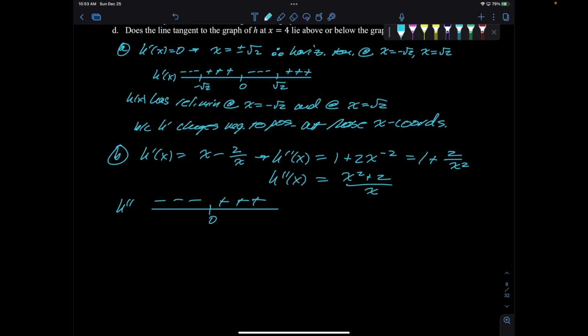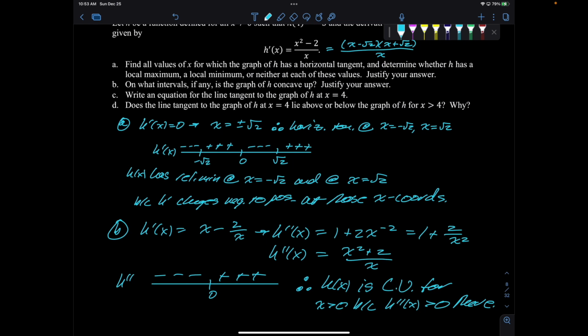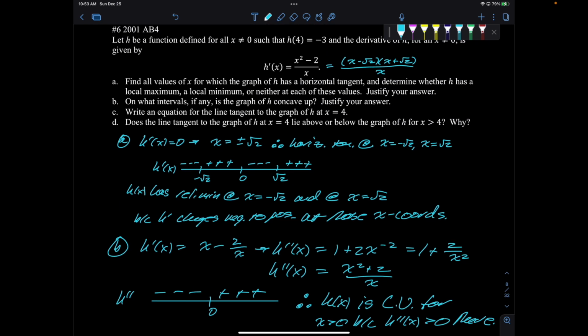So we can say that h of x is concave up for x greater than 0 because h double prime of x is greater than 0. There. Nice.